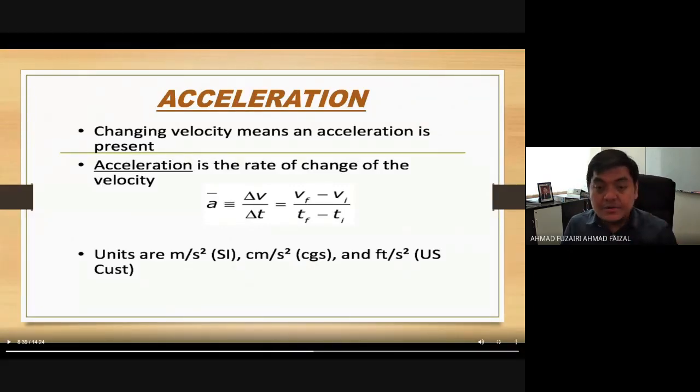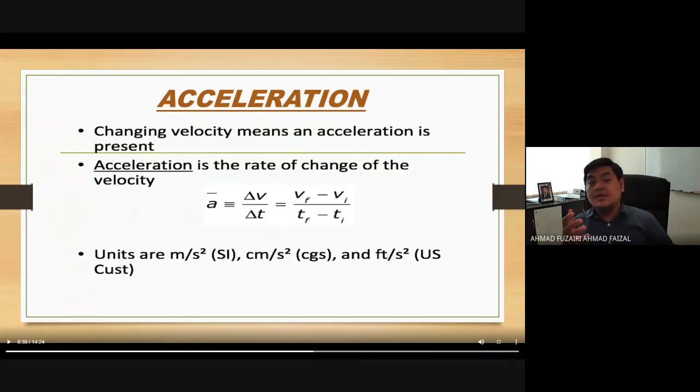But how can I know that kilometer per hour square is an acceleration? Of course, with the units. I refer to it because kilometer is related to meter, centimeter, and feet, because that is length. And at the denominator will be the hour square, which is a part of time. So that is how I know that one is also an acceleration.